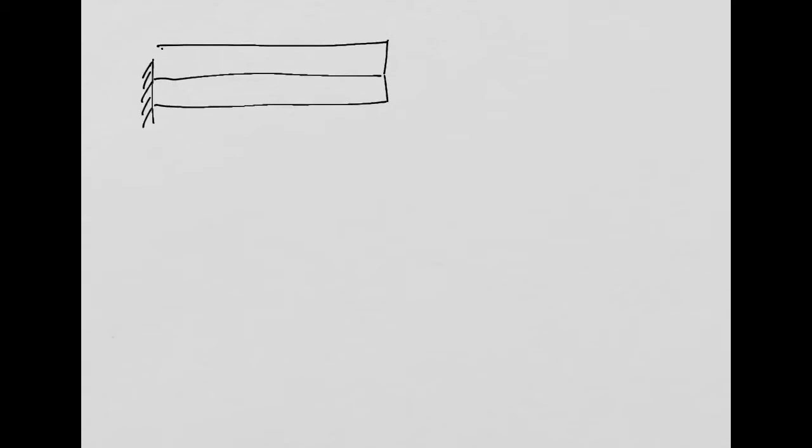All right, so let's start with the analysis of beams, dynamics of beams. So imagine you have, for example, a clamped beam like this. You have some distributed load on the beam, something like this.